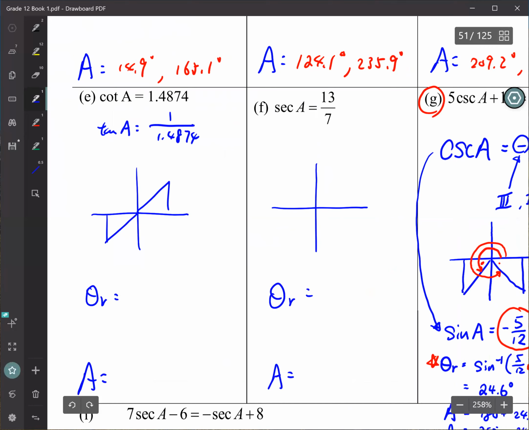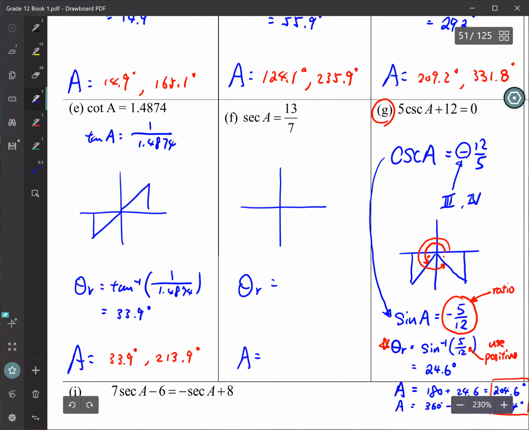Therefore our reference angle will be tangent inverse of the same thing, right? So what's your reference angle? 33.9. And your first answer? 33.9. Second one, 213.9. Okay, that's good.